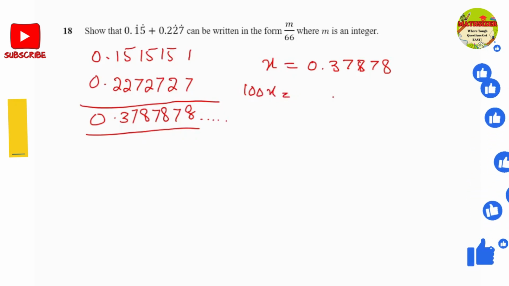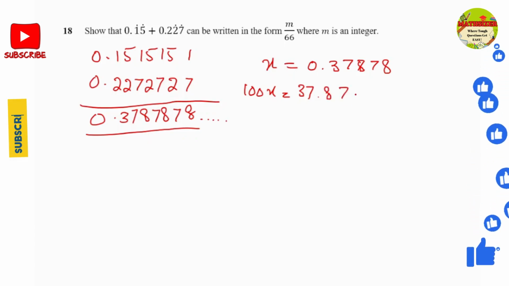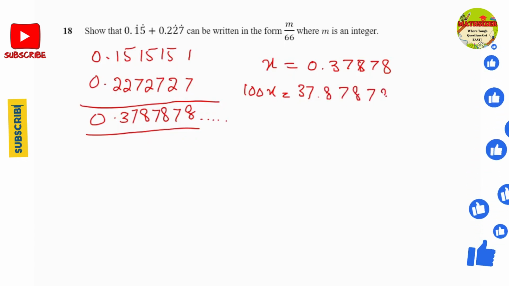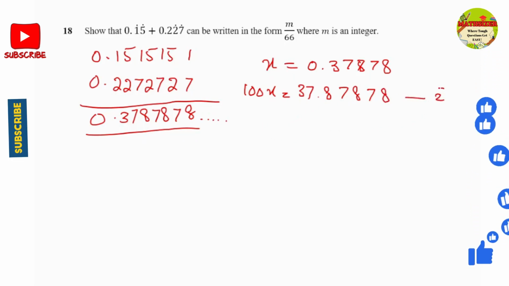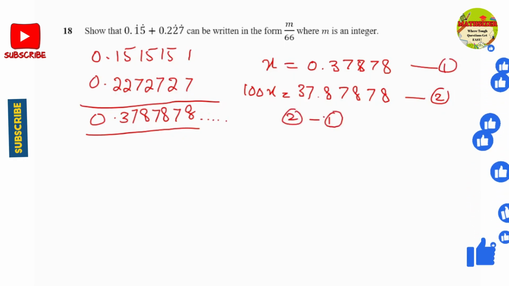So that becomes over here 37.87878. Okay, now let's do the takeaway. So this is equation number 2, this is equation number 1. Let's do 2 minus 1.